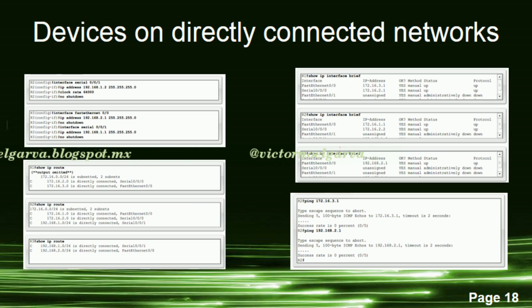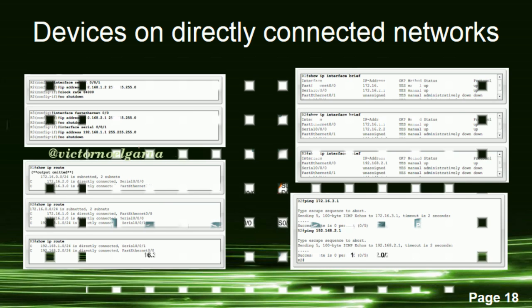To have a match between the packet's destination IP address of 172.16.3.1 and a route in the routing table, the address must match the number of leftmost bits of the network address as indicated by the prefix of the route. For R2, all the routes have a /24 prefix, therefore, the leftmost 24 bits are checked for each route.